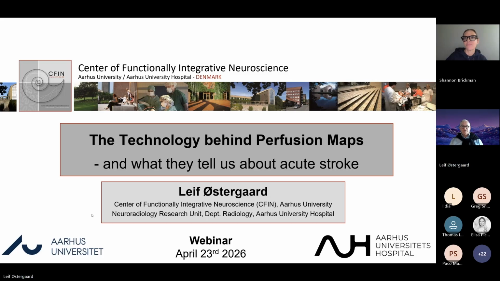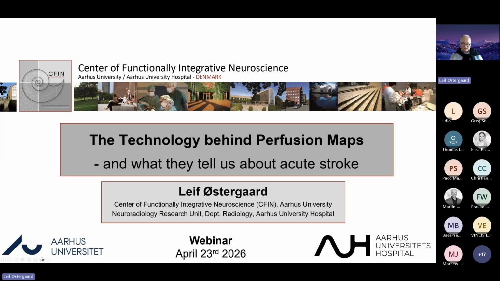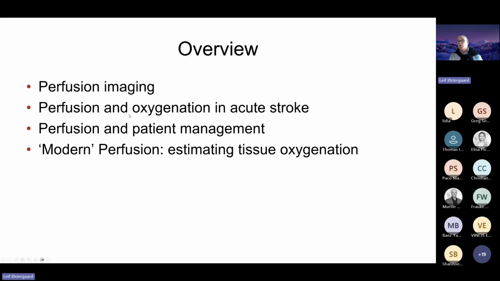So what we'll cover is, first of all, what do we normally mean by perfusion imaging? And then I'll have a special focus today on perfusion imaging and what it says about oxygenation.